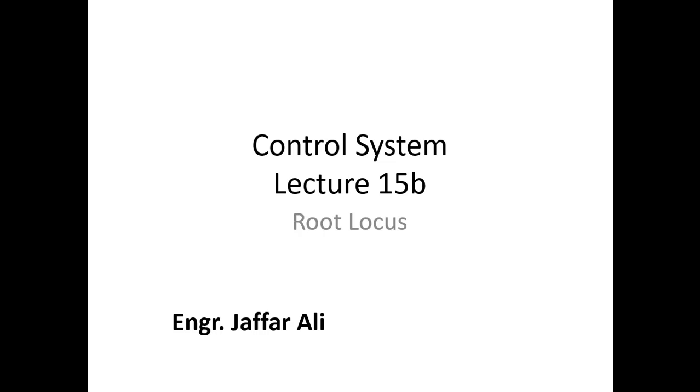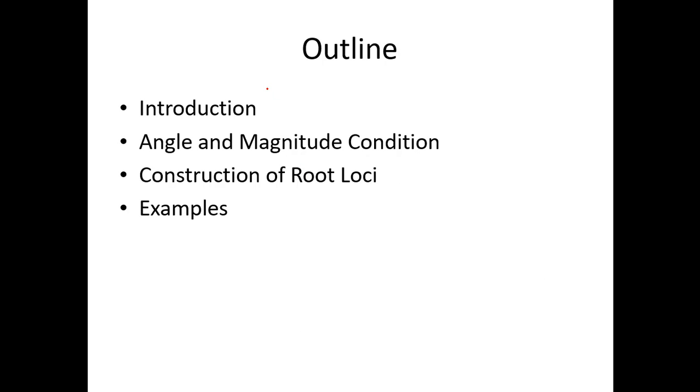Let's start with the recapitulation of the previous part, in which we started the discussion about the root locus. What is root locus? We introduced ourselves to the root locus. We have also done the angle and magnitude criteria that are used to make sure whether a specific point is on the root locus or not.